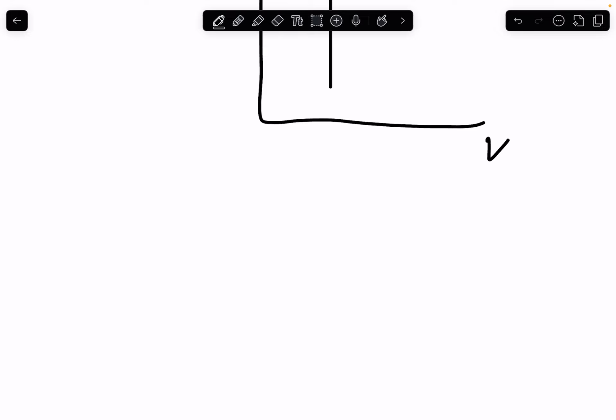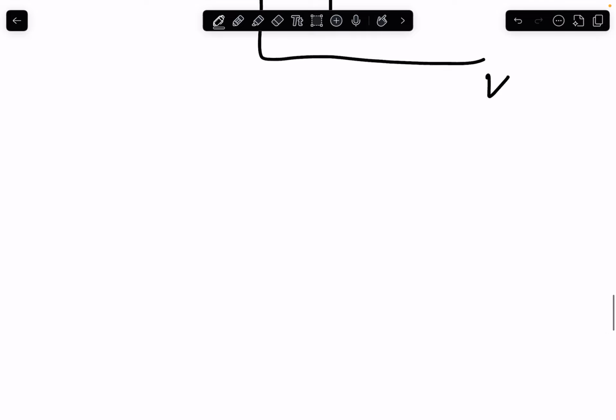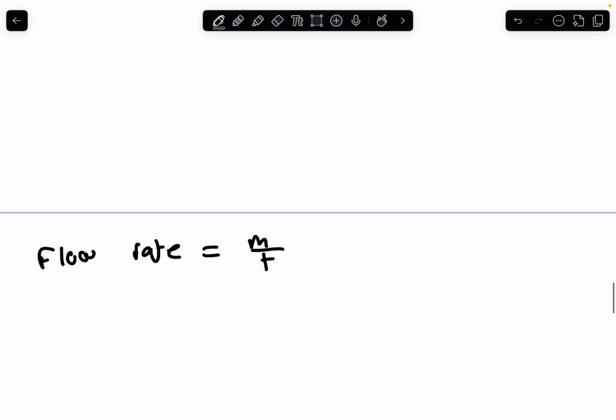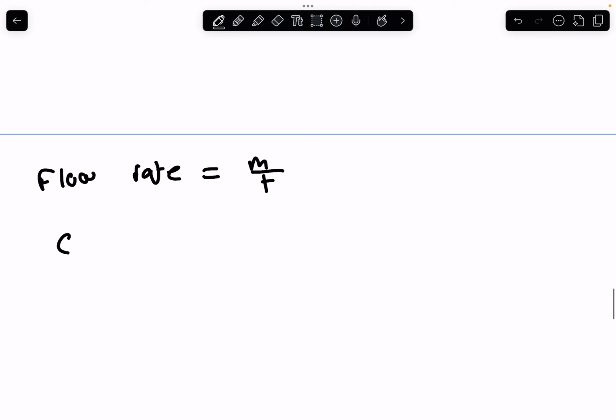Okay, this actually has to do with topic B.1, but we'll solve it. It states a liquid with mass flow rate m per second. So let's write flow rate equals m over t, and specific heat capacity C through a heater supplying power P. What is the temperature increase?